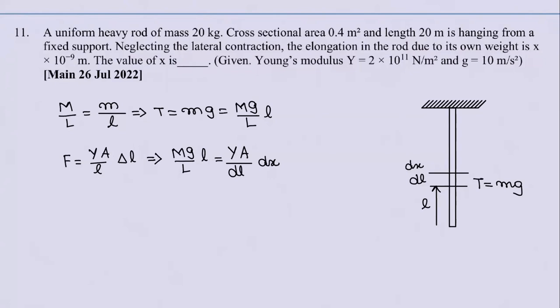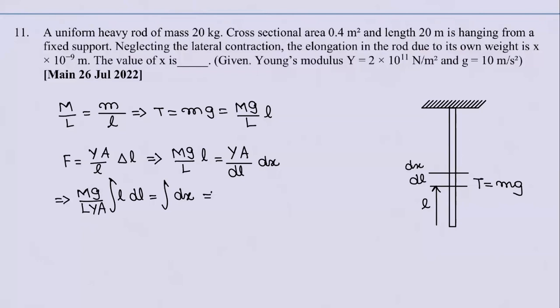That's a key idea. Now take dl on the other side, then integrate. It will be mg by LYA into l dl integrated equals integral dx. Integral dx will give you the addition of small elongations of each piece, so that is the total elongation.